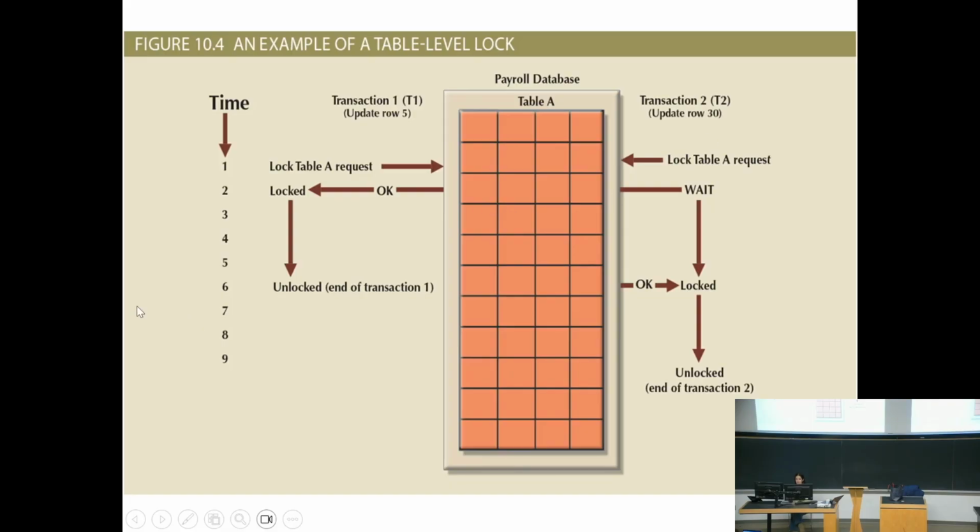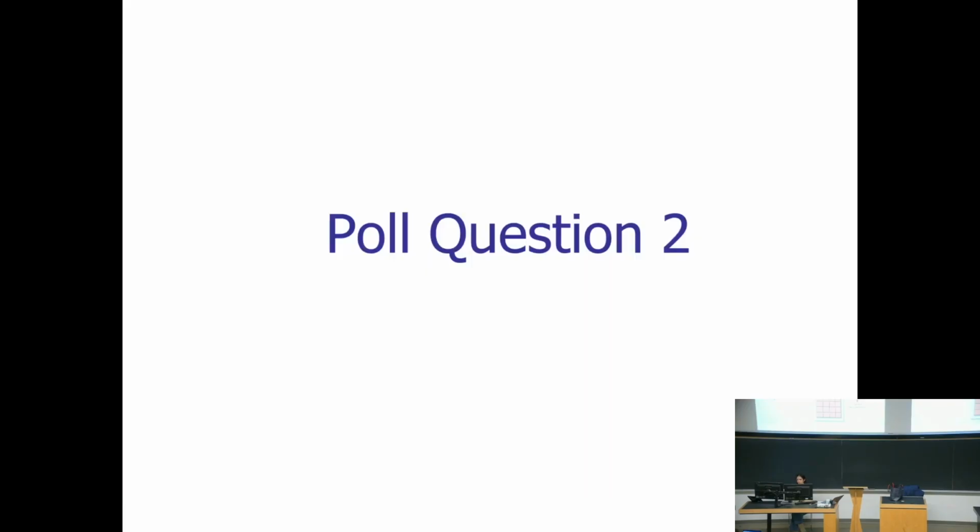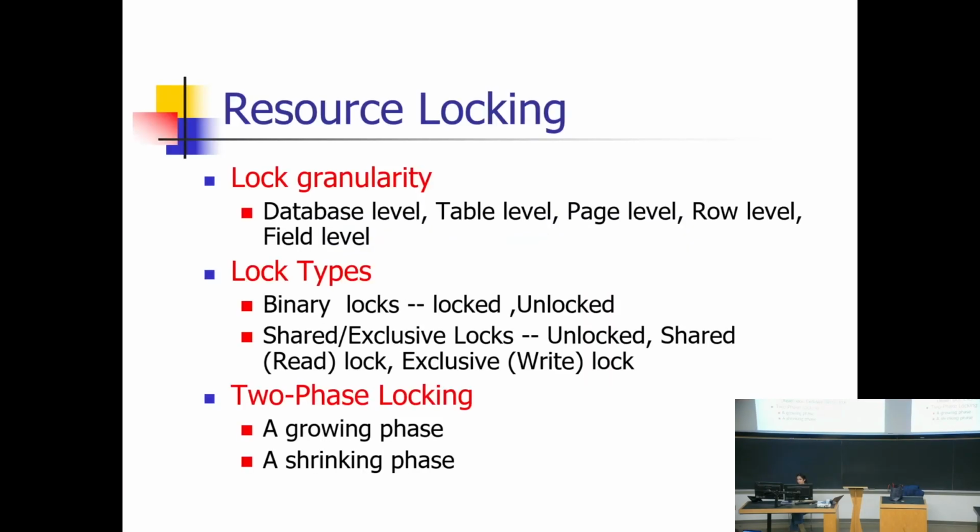So it must wait until T1, that is transaction 1, finishes all its updates and commits, and releases the lock so that T2 can proceed. Even though this may seem slow, in practice it is not. And so this is just to ensure that we avoid the issues that I mentioned before.